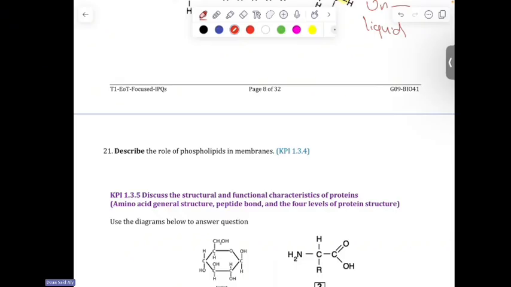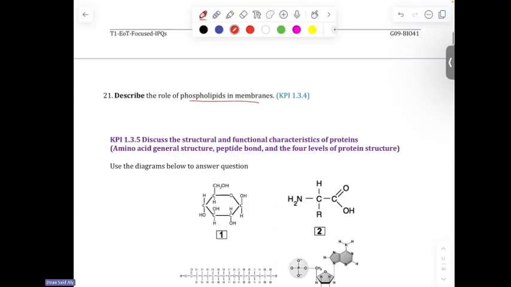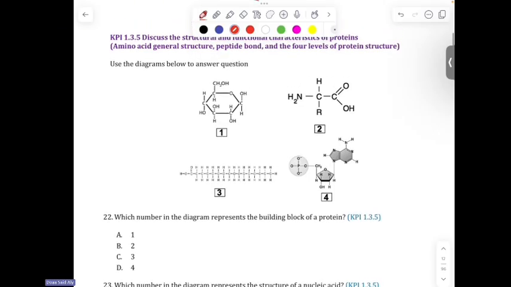Here you have to describe the role of the phospholipid in the membranes. I will explain it tomorrow, not today, okay? This question is very, very important, okay? Before you look at the questions, let's label them. Which one has a hexagon shape? The one with the hexagon shape is the carbohydrate.